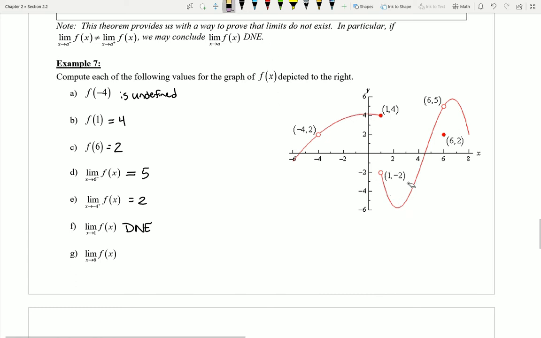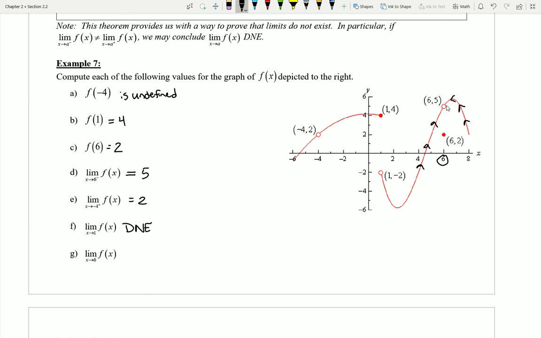Okay, well now let's take a look at the very last one here. Let's approach 6, from both sides. If I approach it from the left, I'd be moving like this, up towards here. If I approach it from the right, I'd be moving like this. And I want to see, as I approach from both directions, where am I being led? From one side, I'm approaching 5.